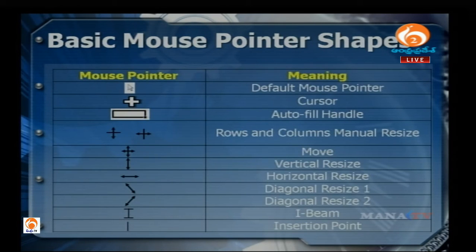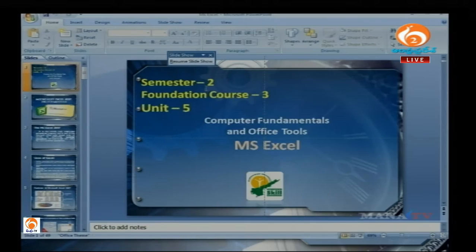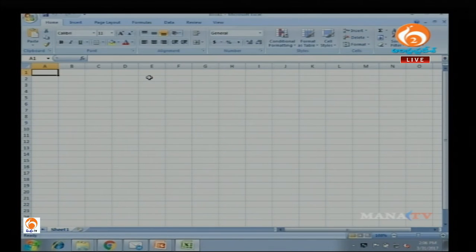Then we spoke about the mouse pointer in Excel. Depending on what function you are performing, the mouse pointer changes. By default, you will always see the same pointer. Wherever I am moving the cursor, this broad plus sign comes.